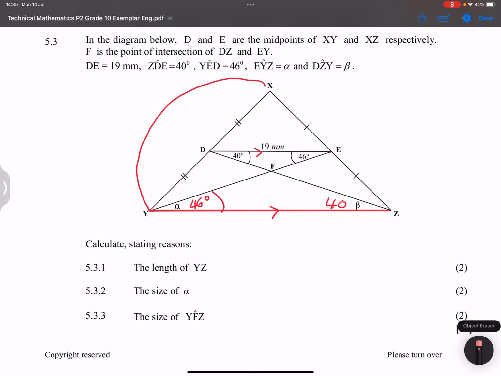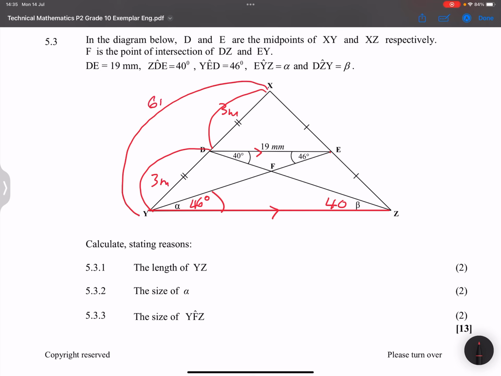Why is that? Let's say for argument's sake, XD is 3 meters. Then YD would also be 3 meters. But then XY would be 6 meters. So the side of the bigger triangle will be 2 times the side of the smaller triangle.